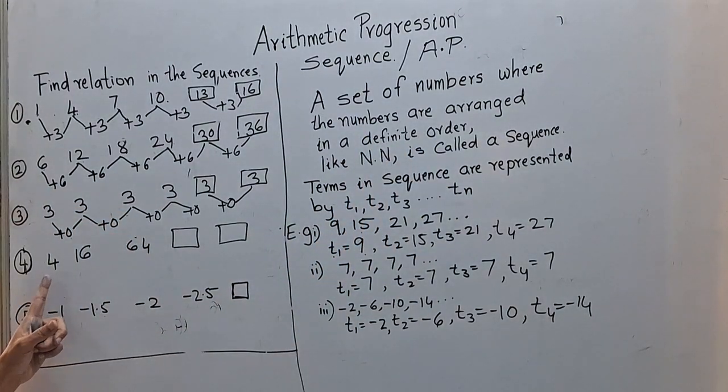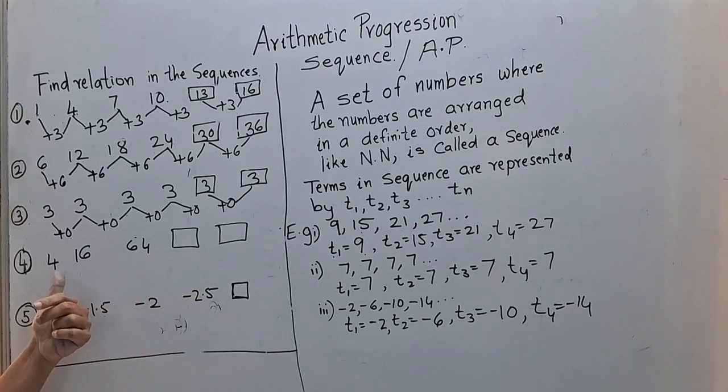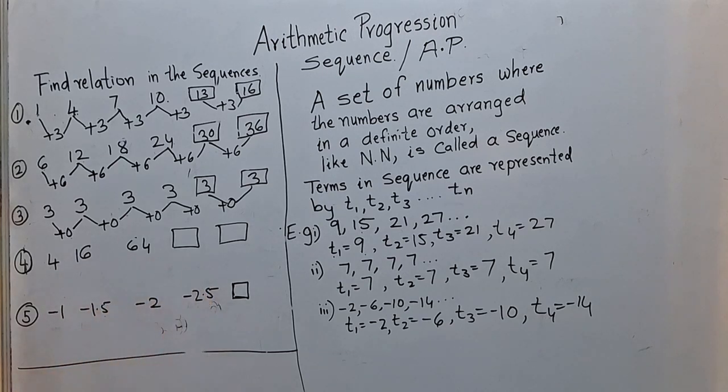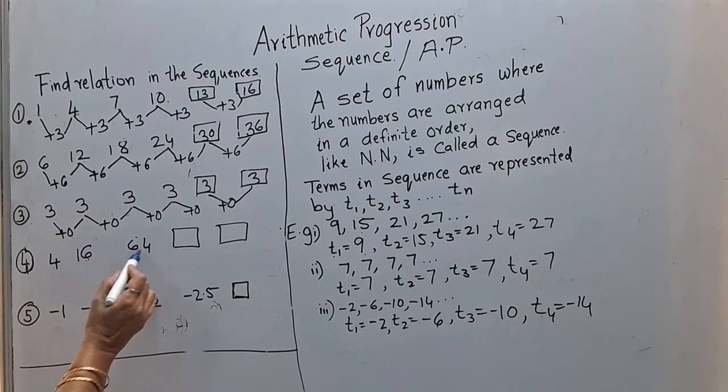Now, here if you are adding something, you don't get anything. You are going to get a particular different arrangement. But yes, if you multiply, it is a square rather, 4 square is 16, 16 square like that.